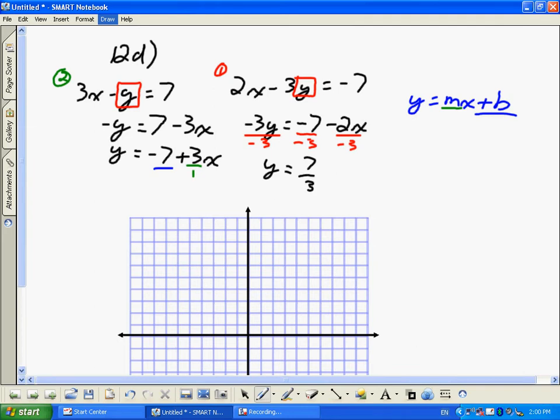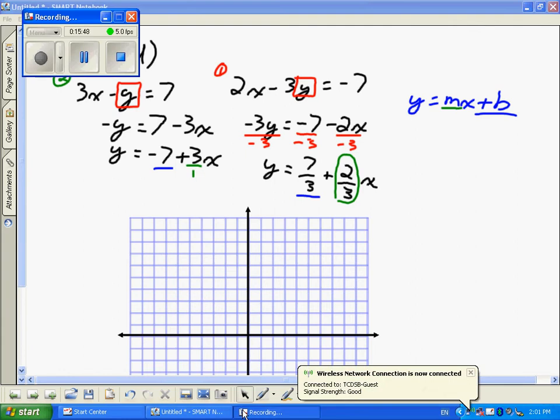Y equals 2 over 3x plus 7 over 3. So, once again, my slope is the coefficient of x. Slope is going to be 2 over 3, rise 2, run 3. Our y-intercept is going to be 7 over 3. It's a little harder to find in this question here.